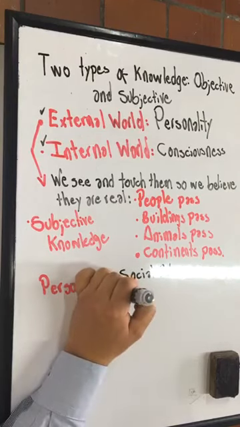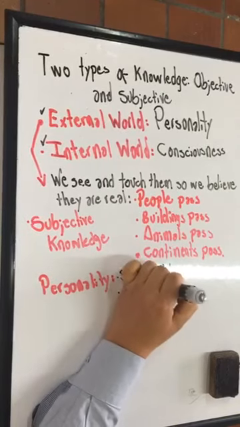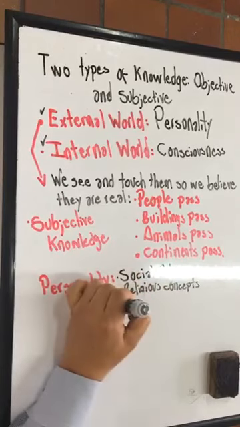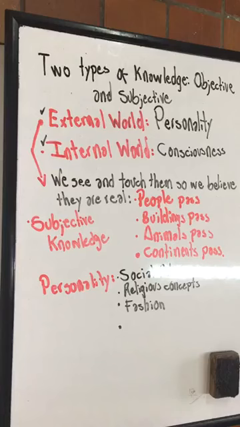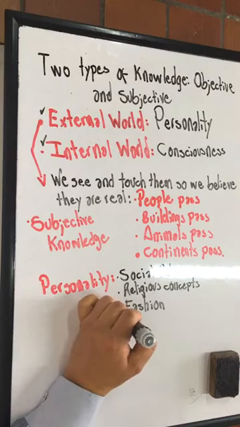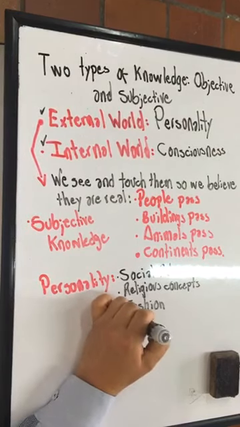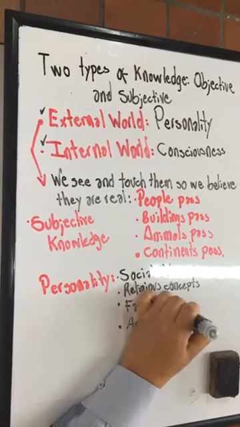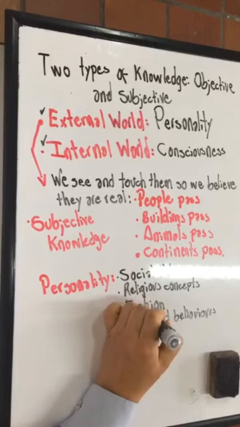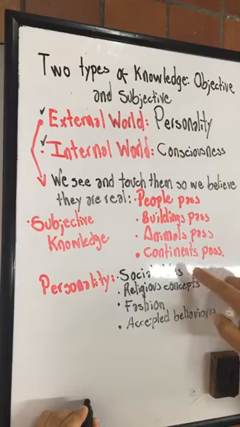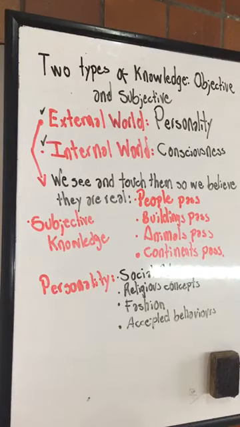We're talking about religious concepts, fashion, and accepted behaviors, for example. Many social rules and religious concepts already passed, and they were already changed. Probably not all of them, but yes, many of them, at least several of them.